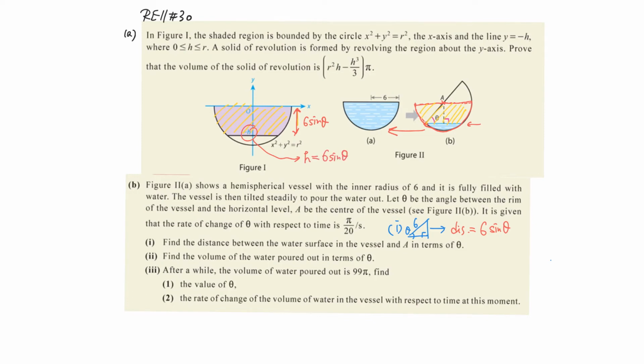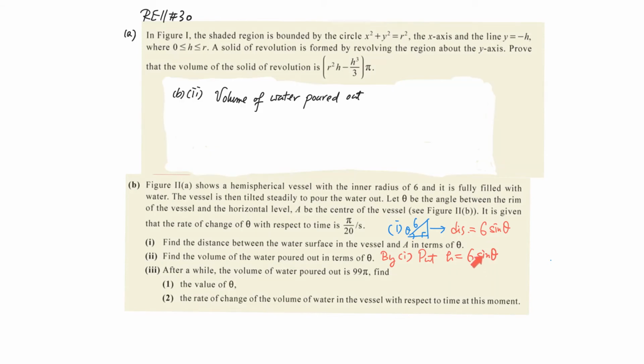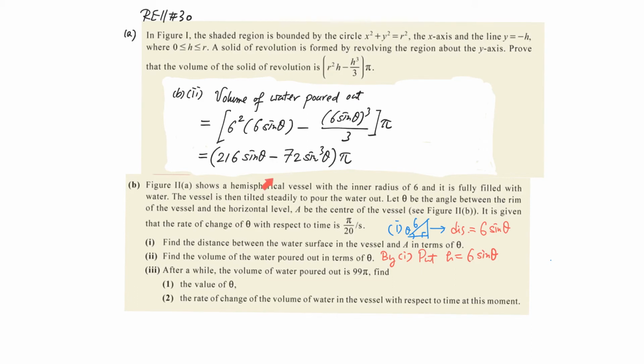So by part 1, you just put h equal to 6 sine theta, and you get the volume. Using the result here, putting h equal to this one and r equal to 6, the answer is this one, units cube.